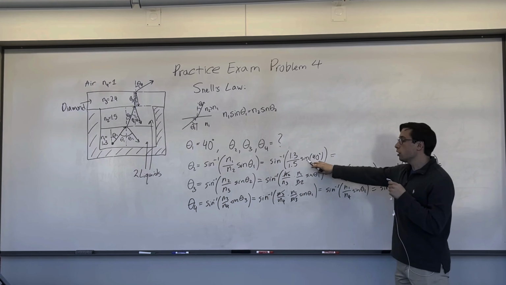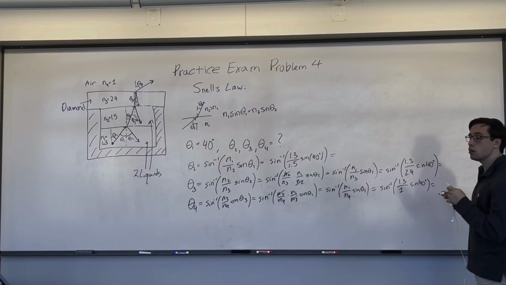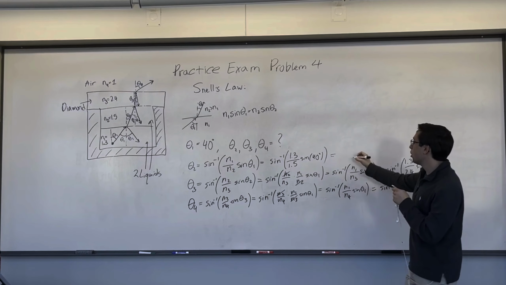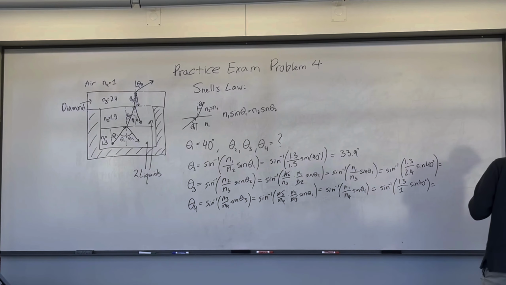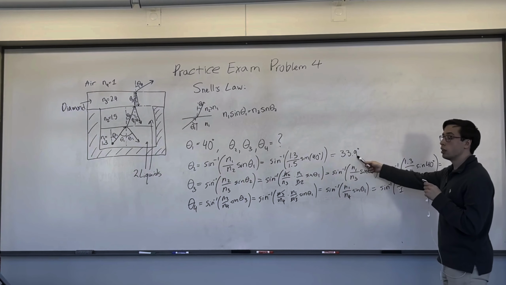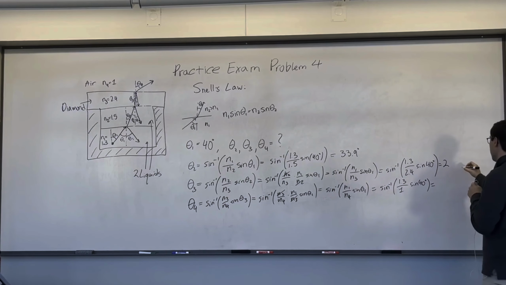Okay, and finally, let's actually write out what our values here are in terms of degrees. So for theta 2, we should get 33.9 degrees. Yes. For theta 3, we get an even smaller angle, which is 20.4 degrees.